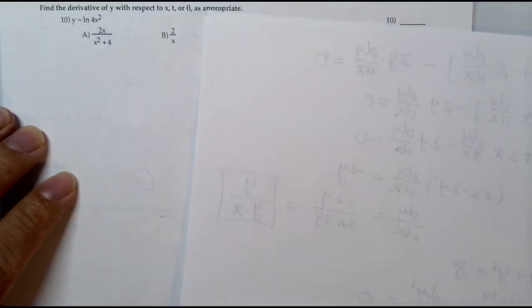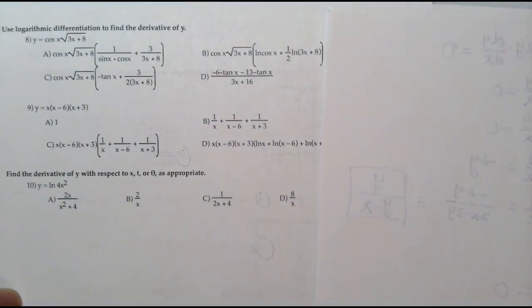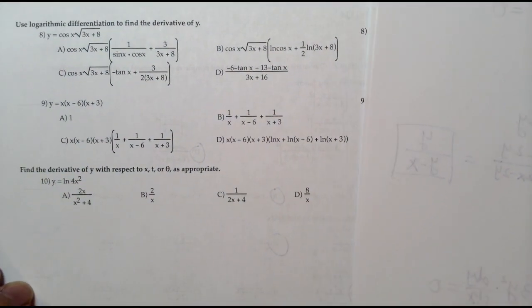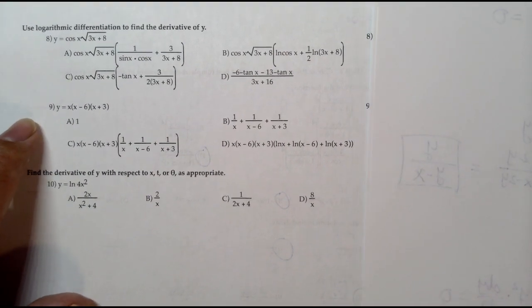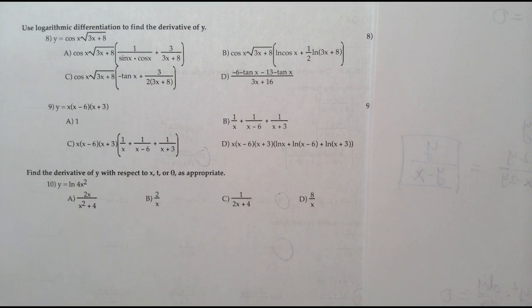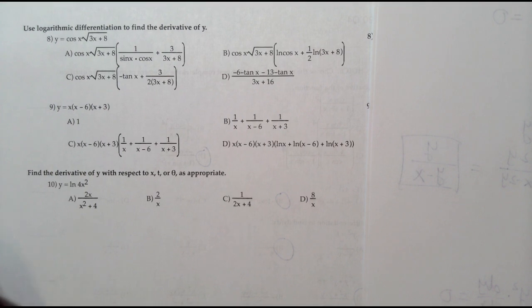So that's number 7. That's pretty easy. Now let's move on to look at the last 3 problems. Okay, so number 8 and 9. 8 and 9, it asks us to use the logarithmic differentiation to find the derivative of y. Okay, so it has the requirement to use the logarithmic, right? So let's see, how do we apply the logarithmic?